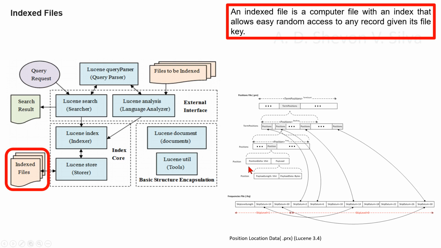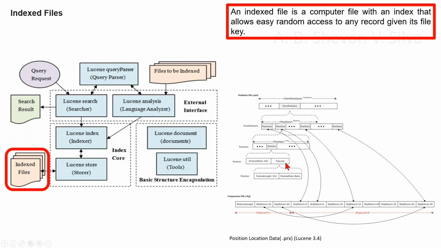For example, term positions for a term which occurs as the 4th term in one document, and as the 5th and 9th term in the subsequent document, would be the following sequence of vints: 4, 5, 4.